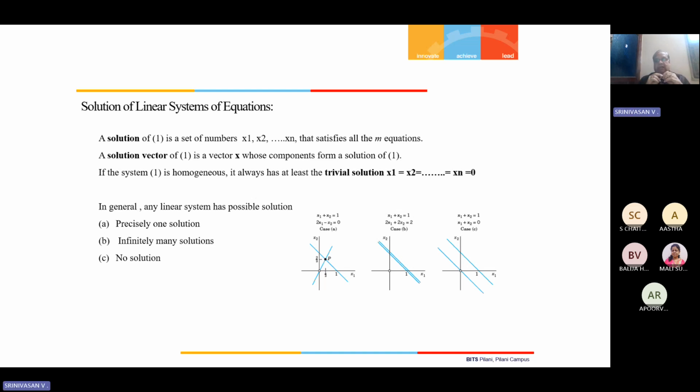If the system is consistent, it means it has a solution. So what type of solution, whether it has a unique solution or infinitely many solutions, depends upon the condition.